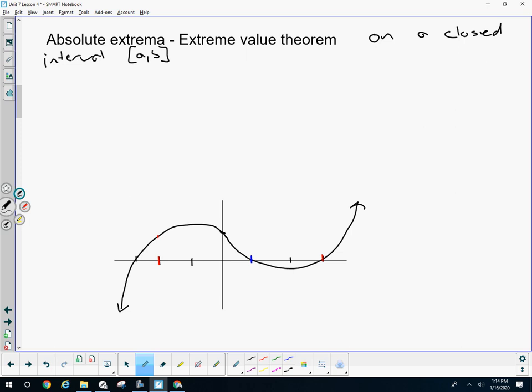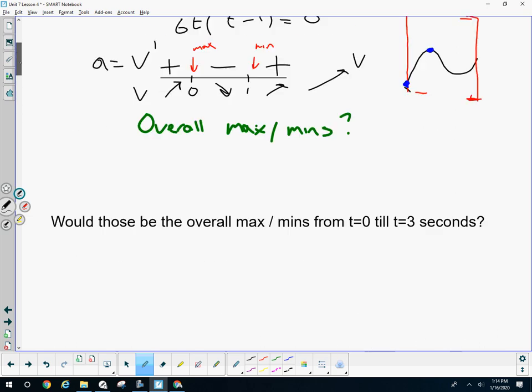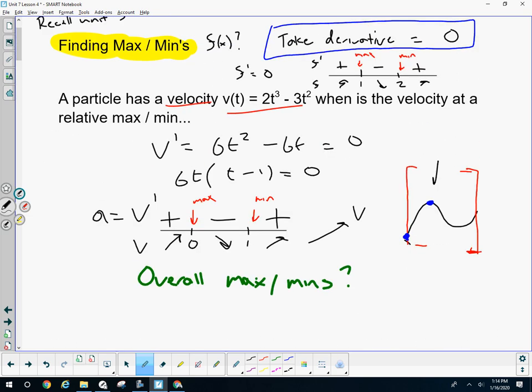Discuss with your neighbors. But where will that always occur? Either at a relative max or a relative min, or an endpoint.